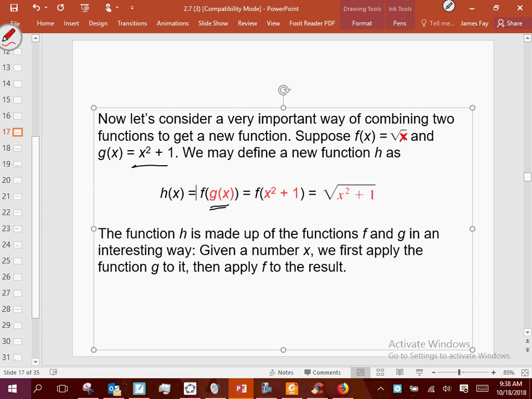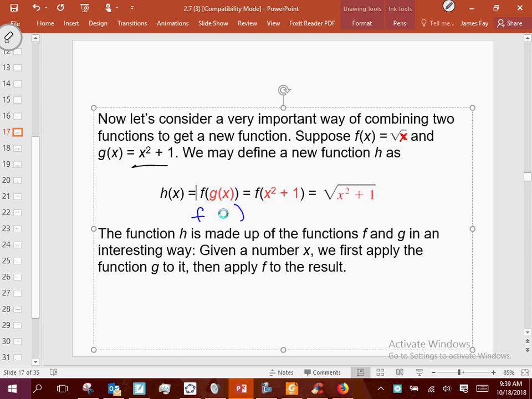Now the way this works, in regards to the values that we're allowed to use, think about this. These x's are real numbers, right? So if I asked you what f of g of 2 was, you're plugging 2 into g first, right? What's that give me if I take that 2 and plug it into g? 5.